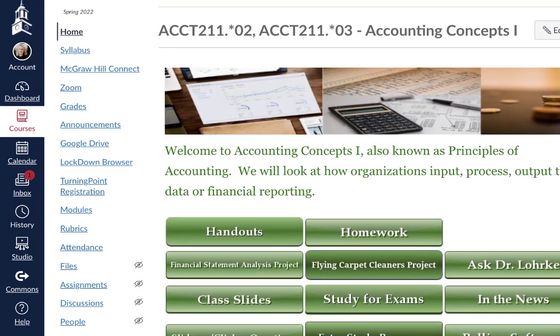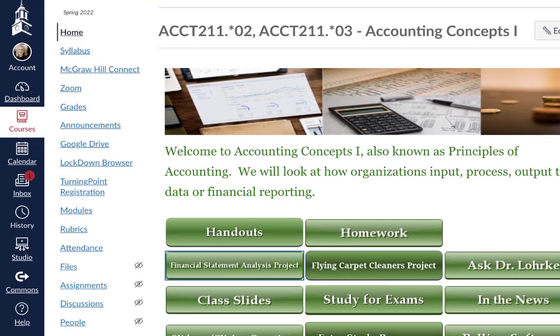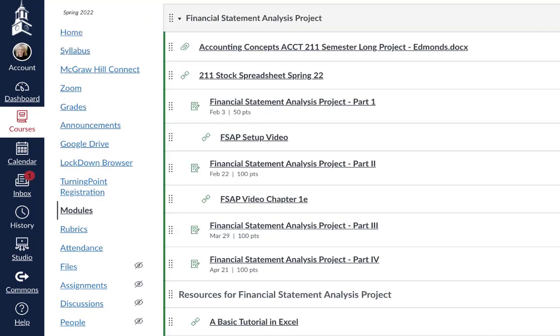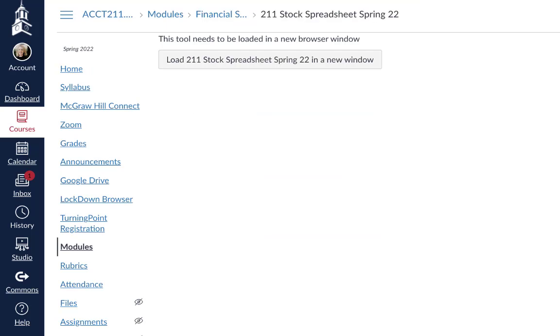Go down to Financial Statement Analysis Project. Click on it. And we're going to keep everybody's prices in a spreadsheet. So here's the spreadsheet. And you're going to notice there's nothing on it because people have not started this chapter yet. You're going to click on it. You're going to load it.